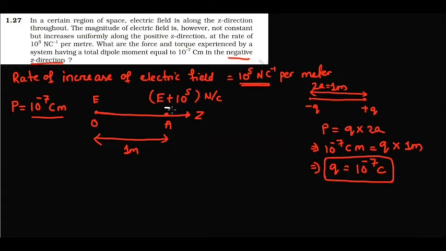For that we have to place minus q charge here and plus q charge here. The distance between these two charges is 1 meter, and the dipole moment is always from the negative to the positive charge, and this is the dipole moment direction in the negative z direction. Is that clear? And the magnitude of charge is 10 to the power minus 7 coulomb.